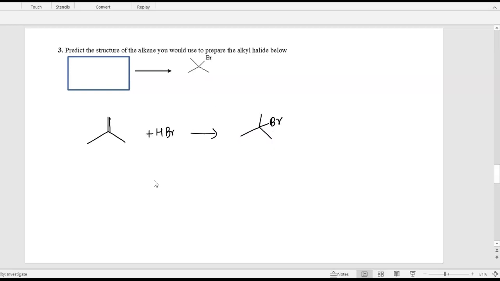Or you can have this one too, which is the same as this one. You might think that this is different, but no, it's the same as this one, so we don't need to draw this. So this is the product.